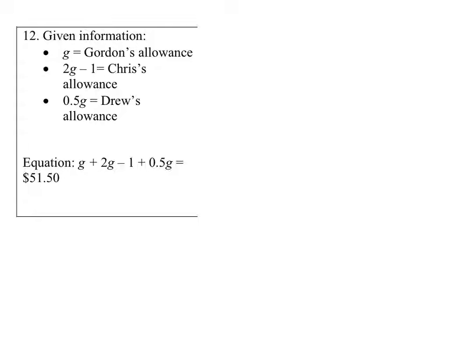Gordy's going to start with his allowance. And that's the number that we're actually going to find. So how much is Gordy's allowance? Question. Okay. Well, what about the next one? Chris's allowance is twice Gordy's, but then minus 1.